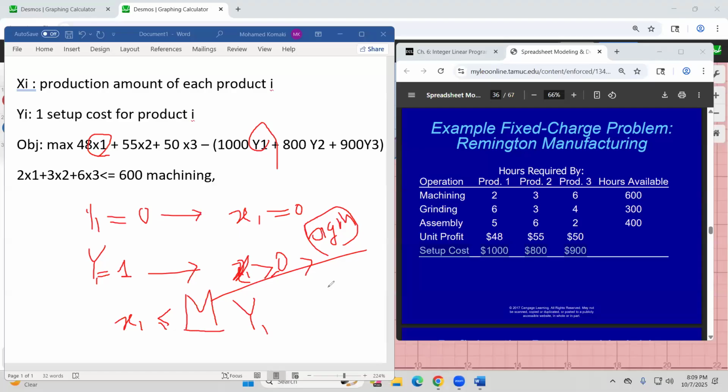But it should be somewhere in the range of the problem. For example, you can produce 100 units of x1 based on the available machining, 200 x2, and 300 x3. So 300 seems a reasonable value for M. Okay, makes sense?